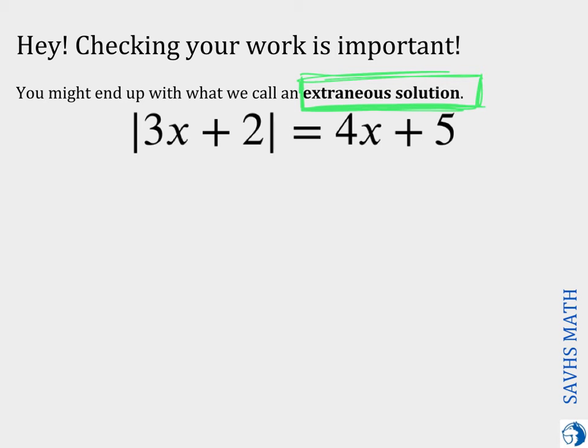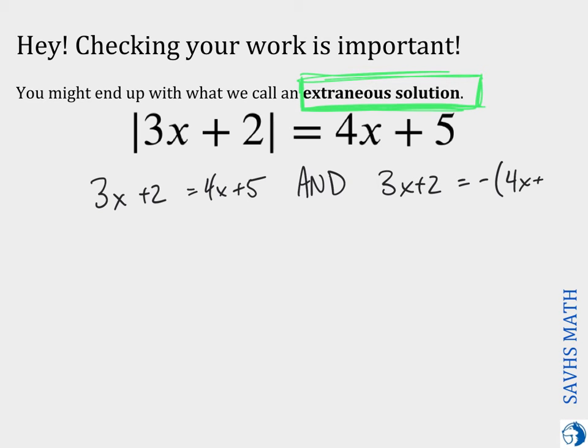So I'm going to give you an example of that here. Normally what we would do is 3x plus 2 equals 4x plus 5. We would do that. And we would do 3x plus 2 equals negative 4x plus 5. Okay, so let's simplify. I'm going to subtract 3x from both sides.